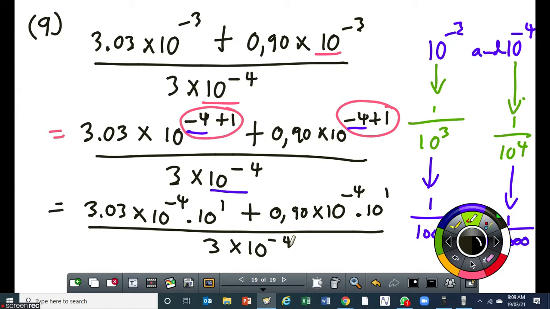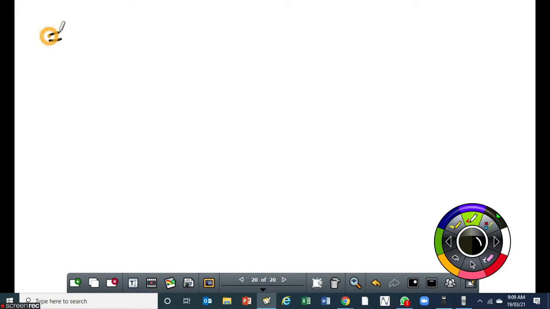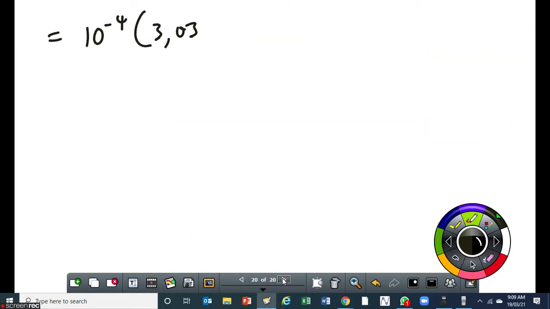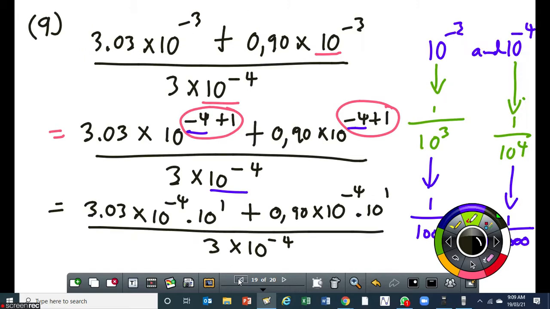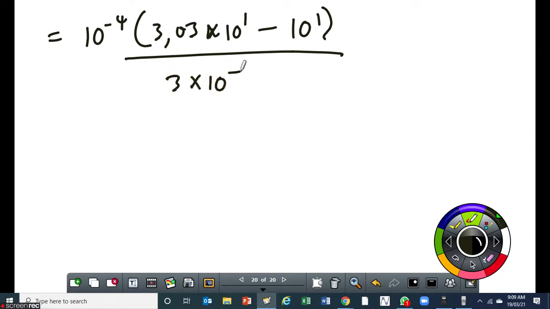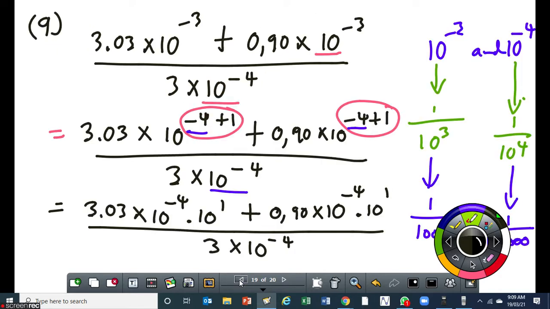So my next step, I'm going to carry on the next page, is going to be 10 to the power of minus 4 times 3,03. Okay? I'm taking out the common vector times, this will be times 10 to the power of 1 minus 10 to the power of 1, all in brackets, all over 3 times 10 to the power of minus 4.